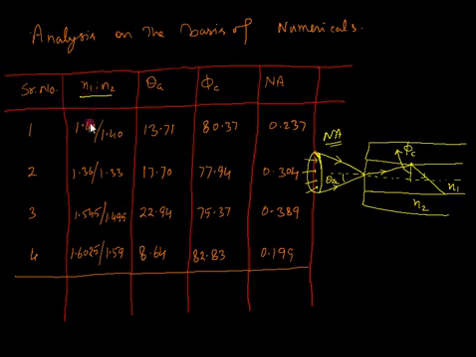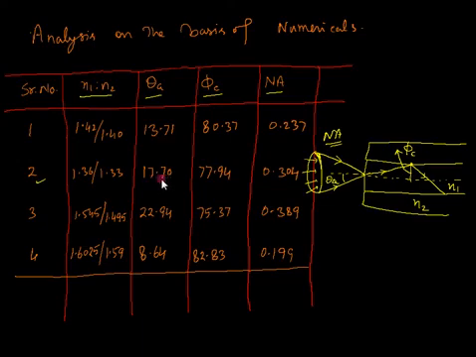The n1 and n2 ratio of the optical fiber, theta A the acceptance angle, phi C the critical angle, and numerical aperture. Here you see 1.42 and 1.40 is the ratio of refractive indices for the core and cladding. Theta A is 13.71. What is theta A? This angle is theta A. Phi C is 80.37 and numerical aperture is 0.237. In the second case, the refractive indices are 1.36 and 1.33.